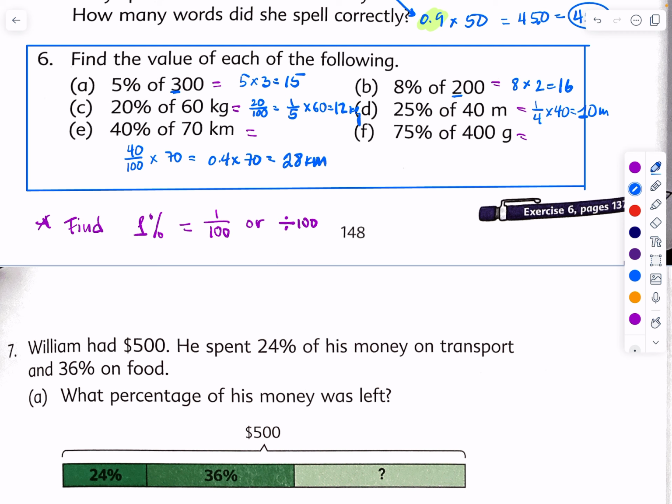And finally, 75% of 400. We can always think of 75 hundredths and simplify down to 3/4. 3/4 of 400 gives us 300 grams. Put your answers in a circle or a little box for your teacher.